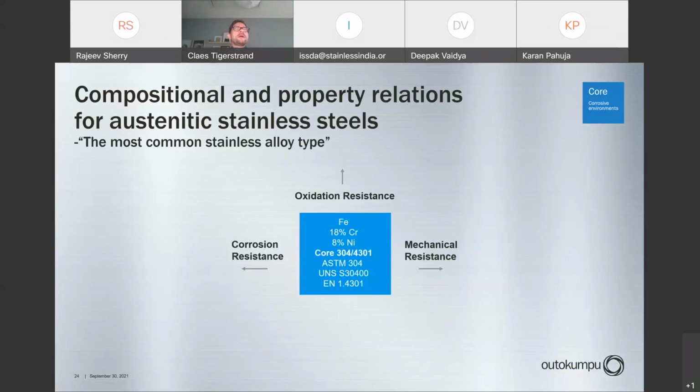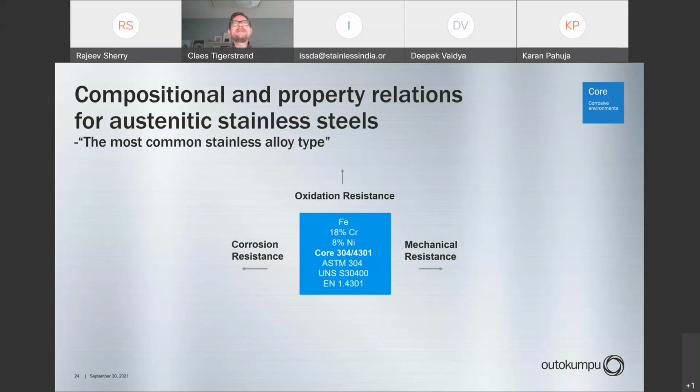So starting by looking at the compositional and property relation for austenitic stainless steel, we're starting with the most common stainless steel on the market, and that is the type 304. So there you have typically 18% chromium, 8% nickel, ASTM type 304, UNS 304 as the standard grade, and according to EN it is 1.4301.